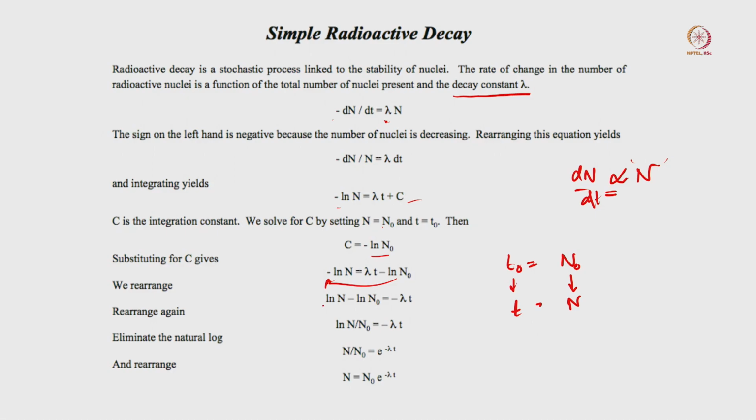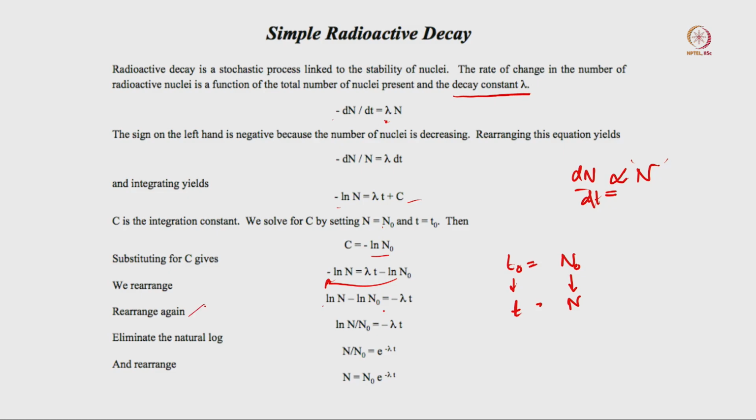So ln of N minus ln of N0 is equal to minus lambda t. Here we are just going to rearrange and multiply with minus 1.